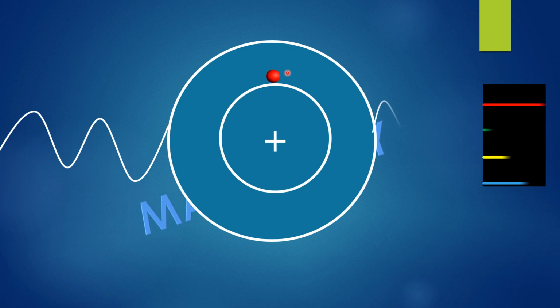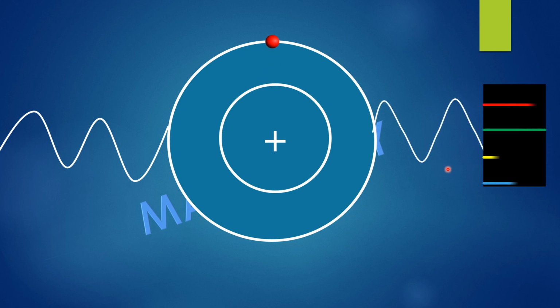Immediately it comes to its ground state. When it is coming from the excited state to the ground state, the difference in the energies is radiated in the form of electromagnetic radiation. When these radiations are caught on the screen, we will observe colored lines with a dark background. So the spectrum of the hydrogen atom is an emission spectrum. Are you clear about that?